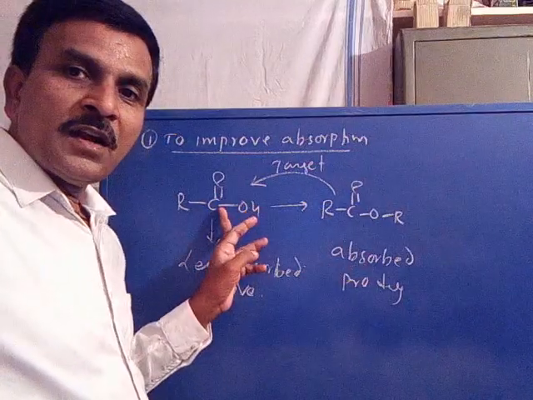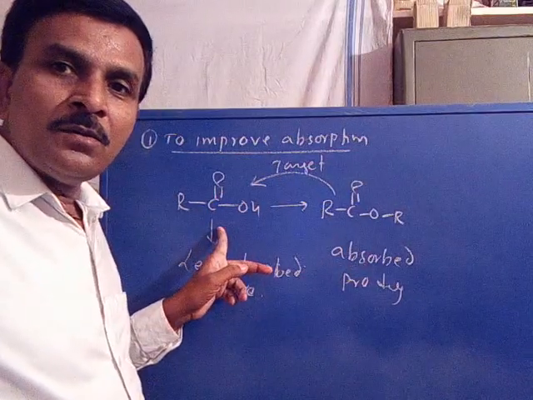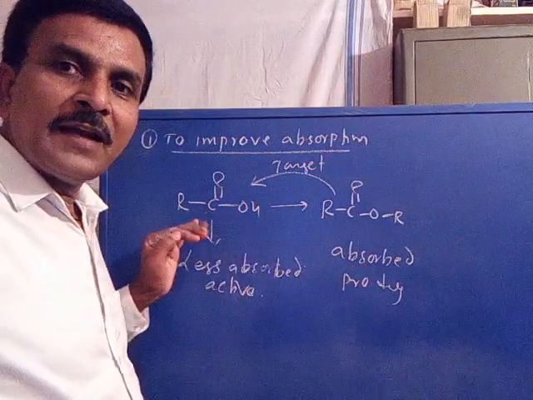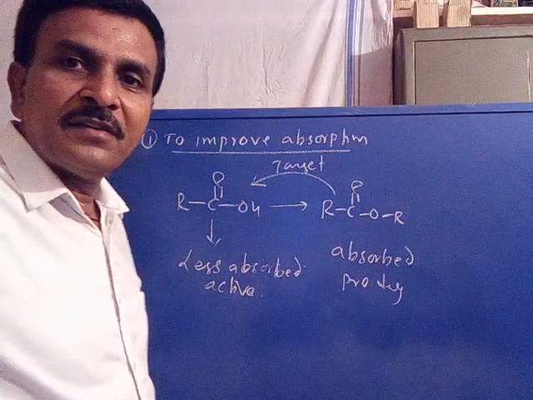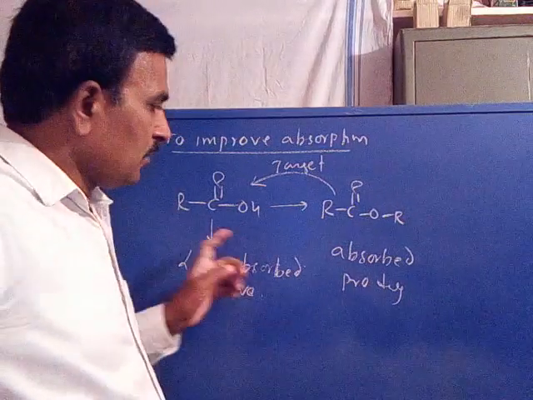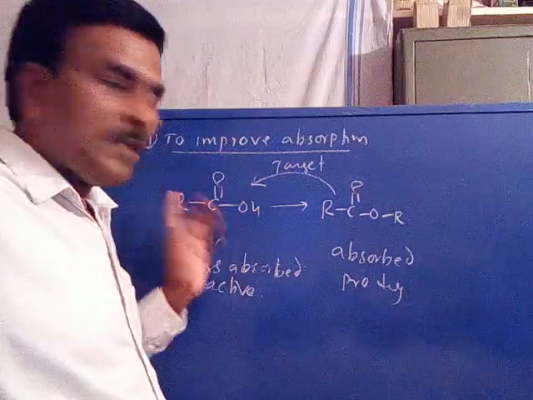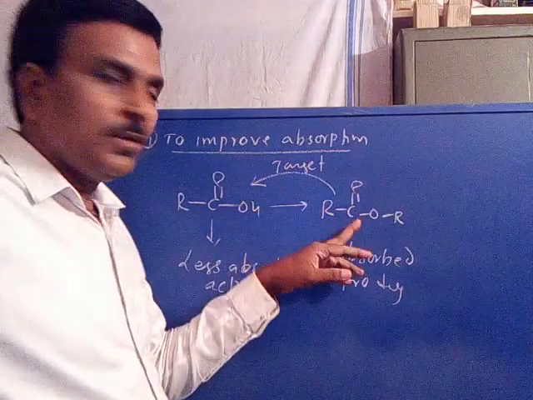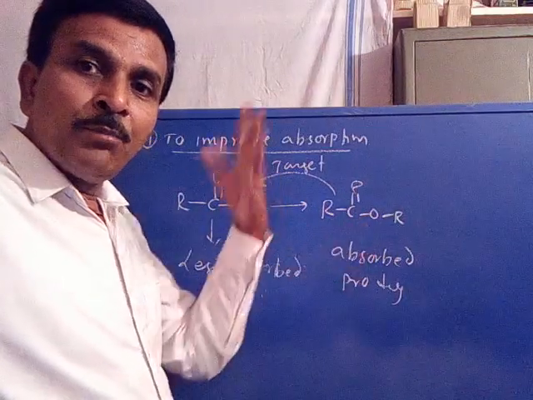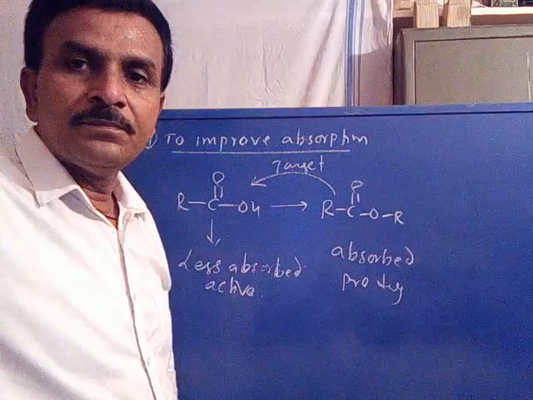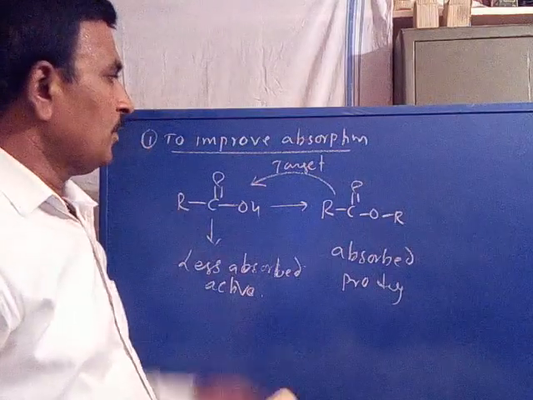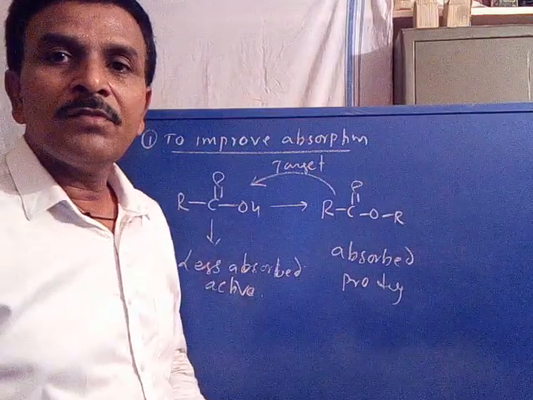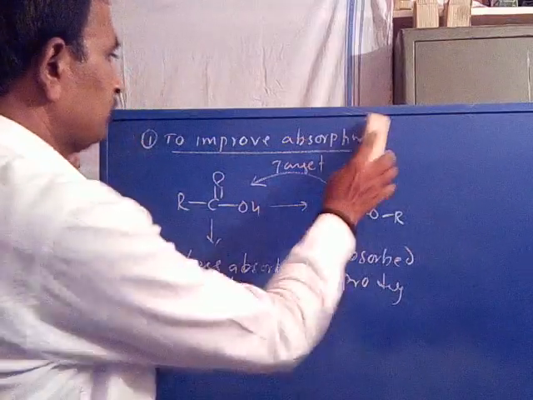After reaching the target, it is converted back into the acid form, that is the active form. Now it shows its action. Is it clear? So by transforming active drugs into prodrugs, we may improve the absorption. Is it clear? Now prodrugs were designed for improving absorption.